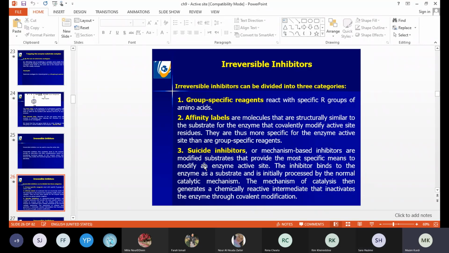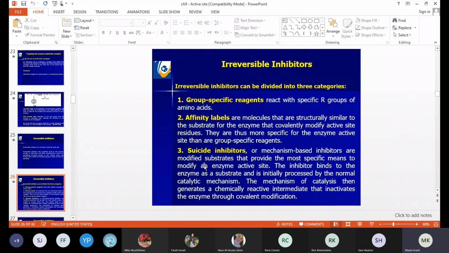So I know that if I have an SH group, a thiol group, then cysteine is involved if the inhibitor interacts with it. So group-specific reagents react with a specific side chain of an amino acid.